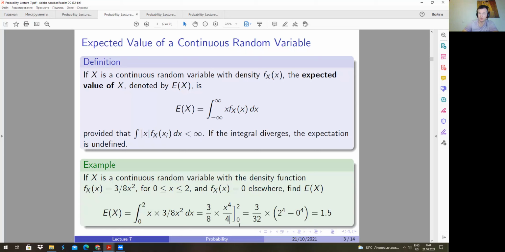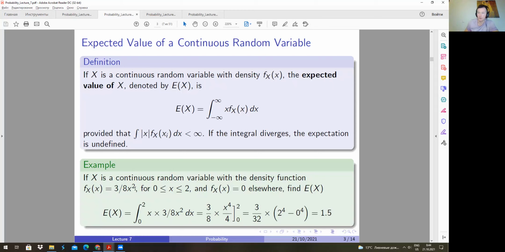I evaluate this from 0 to 2. I also factor out this 1/4, so it's 3/8 times 1/4, that's 3/32. And then I multiply this by 2 to the power of 4 minus 0 to the power of 4, which is 16, and 16 with 32 cancels, and I have 3/2 or 1.5. That's the expected value of the random variable x with this density function.